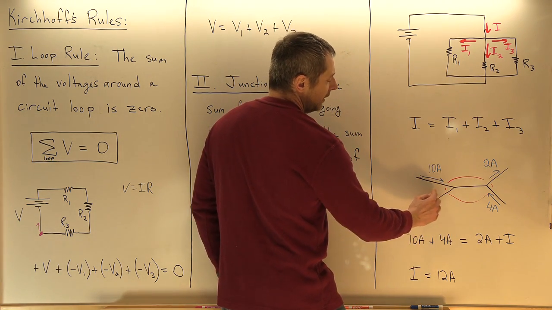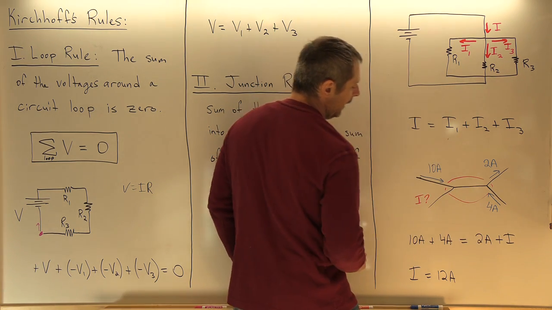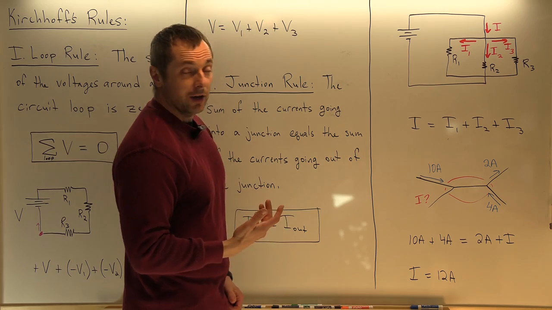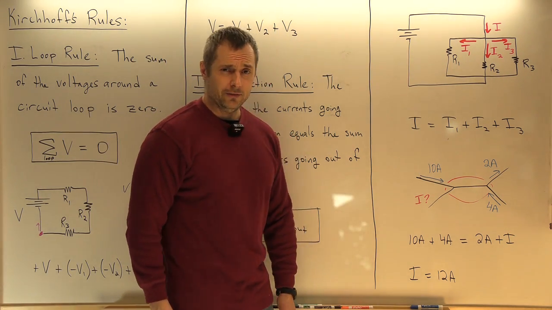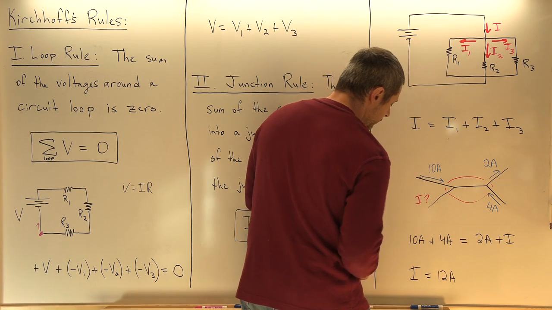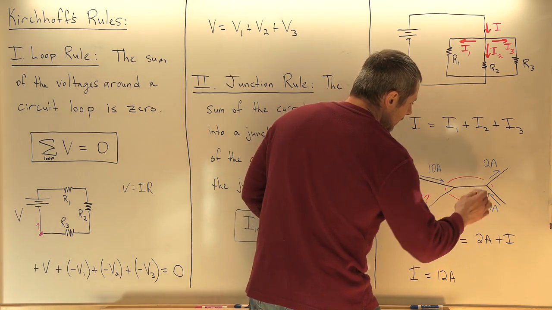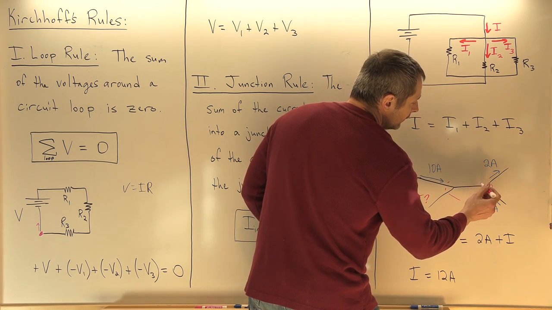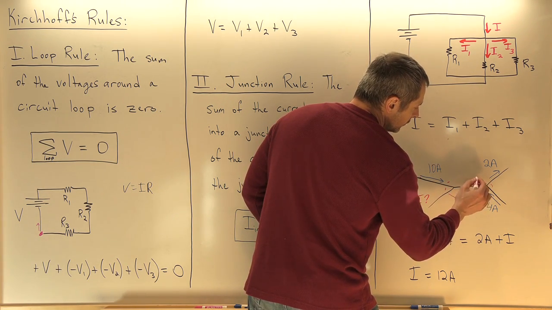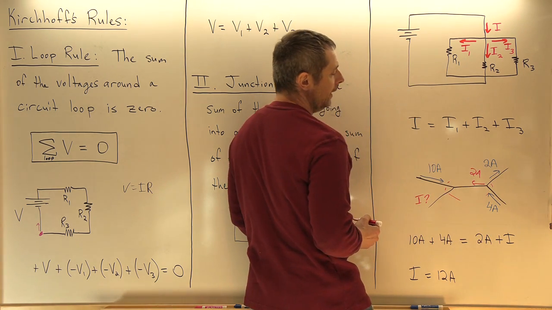So obviously we have to have more current coming out over here. So it's going to go on the I out side of the equation. And when you solve, you get 12 amps. Really easy numbers. Now, if you wanted to treat this as 2 junctions, you could say I in equals I out over here. What that would mean is that coming out of this circuit is 2 amps, because now we have 2 and 2 equals the 4 going in.